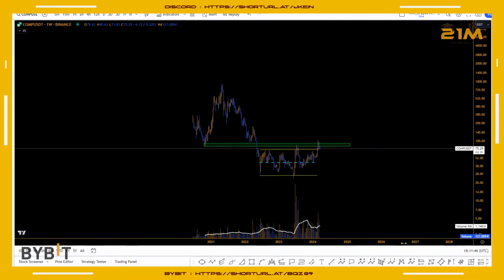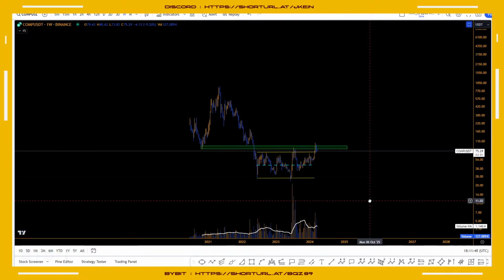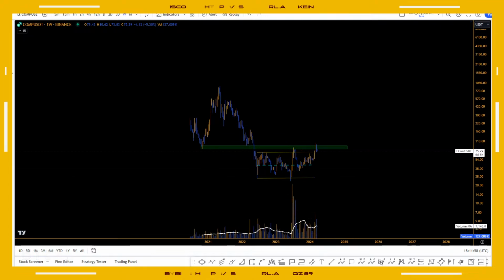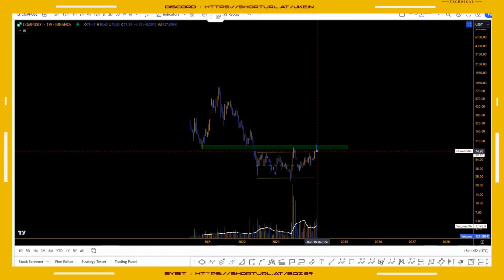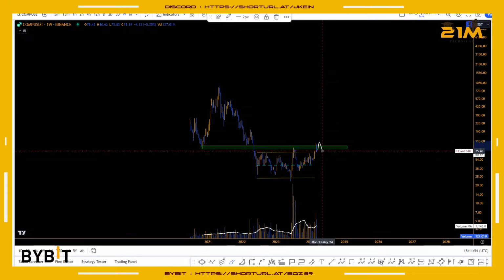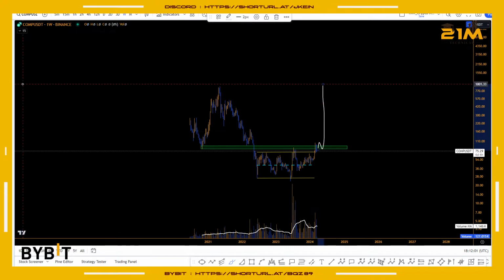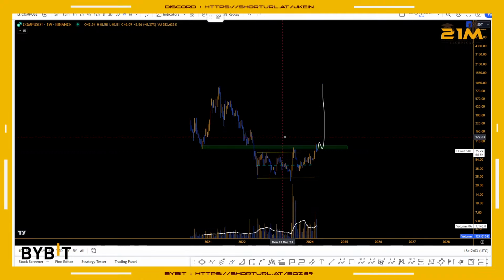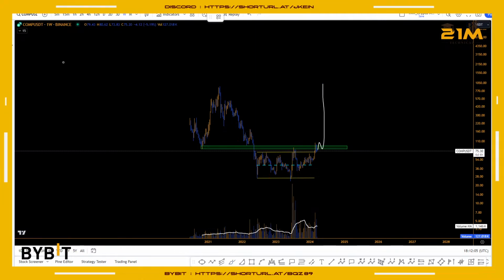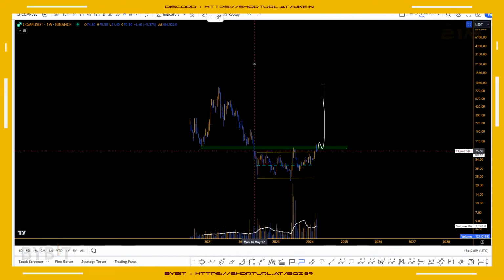Comp is still in very early stages, and what I feel is once this green box on Comp is flipped and reclaimed, it's going to run. I am seeing the run happen till a minimum of $1,000, probably going towards the top of the 1.272 fib, easy peasy.